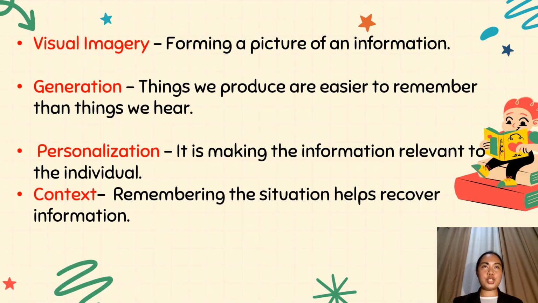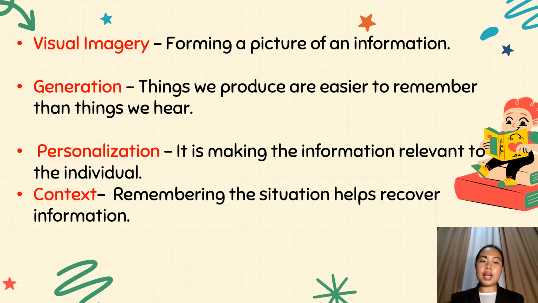Next is visual imagery. So visual imagery is creating mental pictures of information to strengthen your memory. Next is generation. So generation is producing or creating information yourself, to make it easier to remember than information you only hear or read.